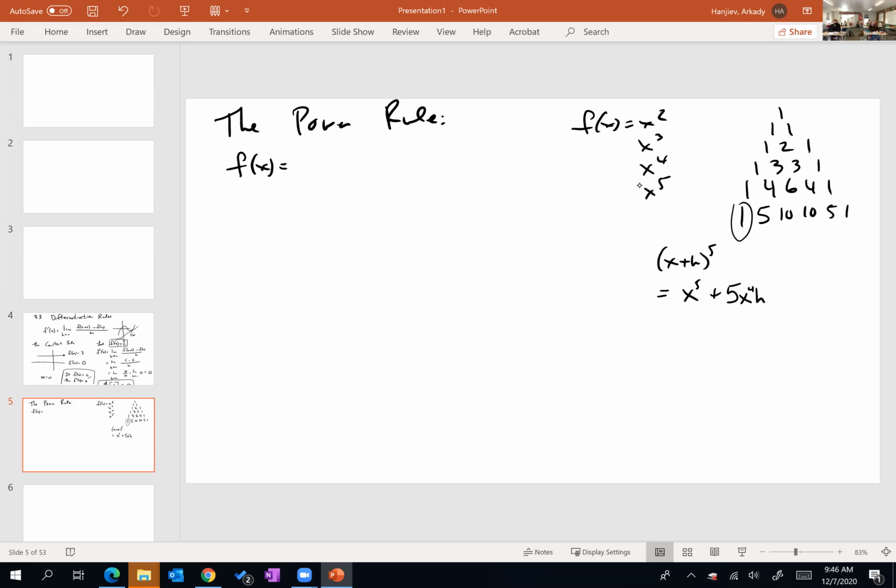Now the h is included in here, plus 10 x cubed h squared. Are we good there? Plus another 10 x squared h cubed. Sorry, x is going down, h is going up. Plus 5 x h to the 4th plus h to the 5th. Okay, does everybody see what I'm doing there?